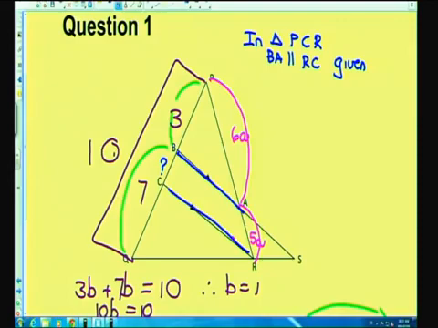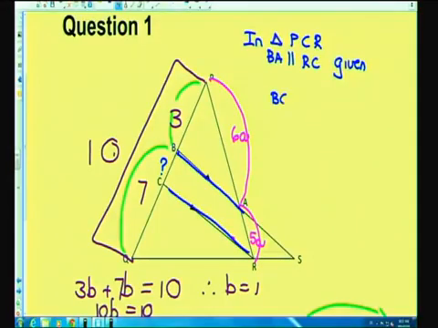And if we look at it, we can see that the ratio would exist that PB to BC is equal to PA to AR. Now, what I would suggest you do is, since we want to find BC, we would start with BC at the top of the fraction. So we'd say BC over PB. So I've taken the bottom one between the two parallel lines over this one.